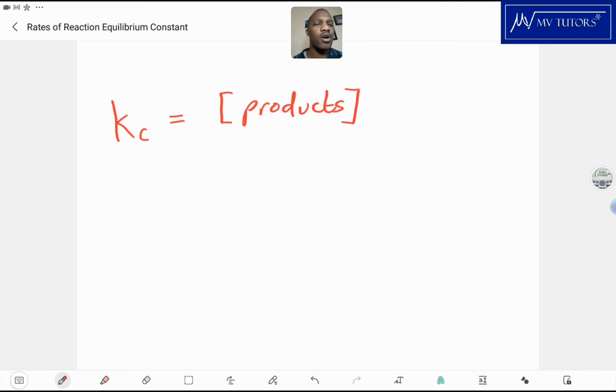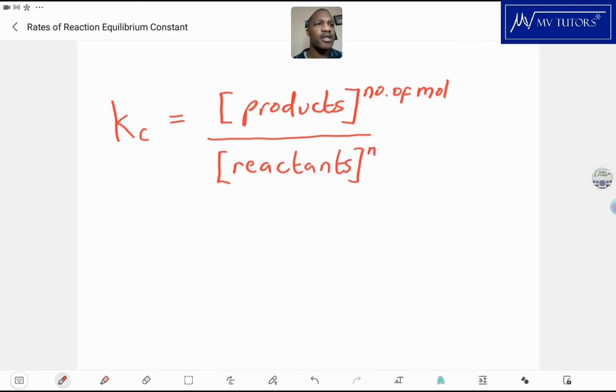On the exponent you put the number of moles. It's divided by the concentration of the reactants, also with the number of moles as an exponent. So that's the definition.